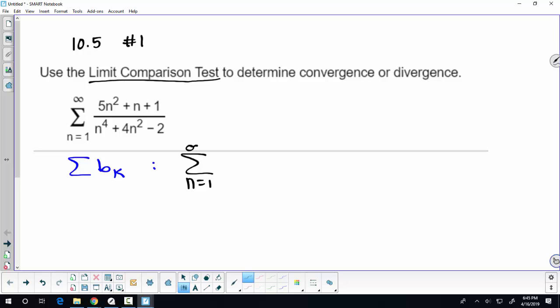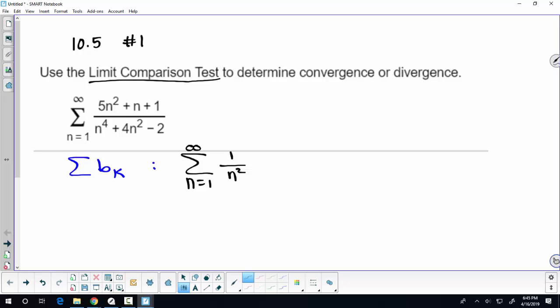Yeah. You just use the first two. So we just look at 5n squared over n to the fourth, or just n squared over n to the fourth, because this 5 we could factor out. It'd be the 5 out here, this would be n squared, this would be 1/5 n plus 1/5. It's not going to change whether it converges or diverges, I should say. So just 1 over n squared.